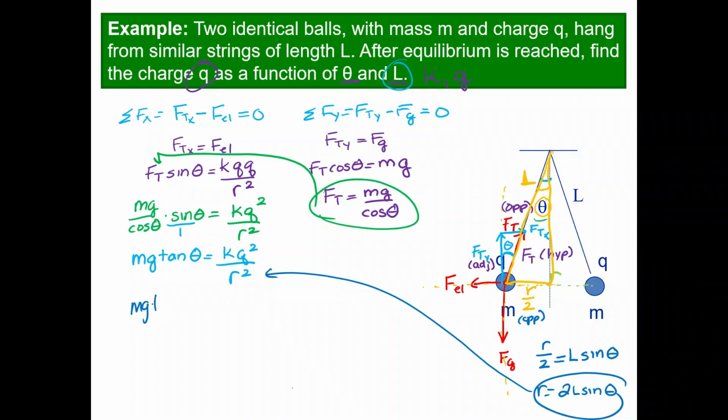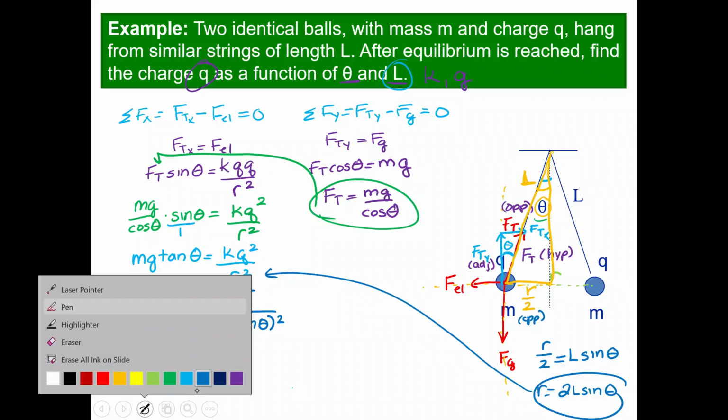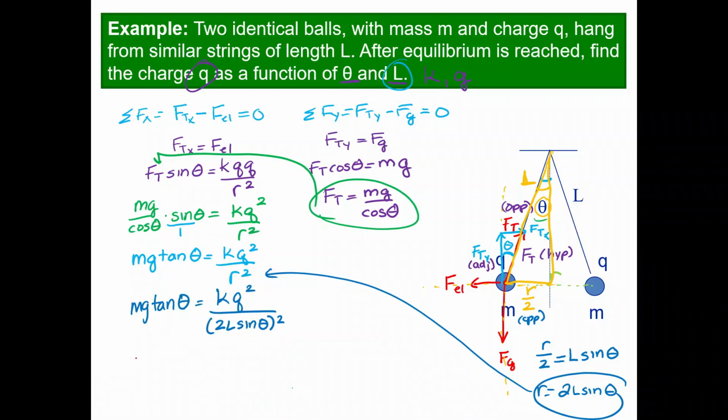So I get mg tan theta is equal to kq squared over (2L sine theta) squared. And then I'm going to multiply that to the other side to get it out of the denominator. So I get mg tan theta times (2L sine theta) squared is equal to kq squared.